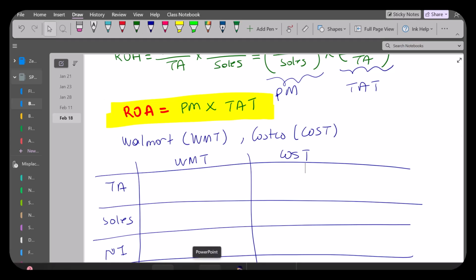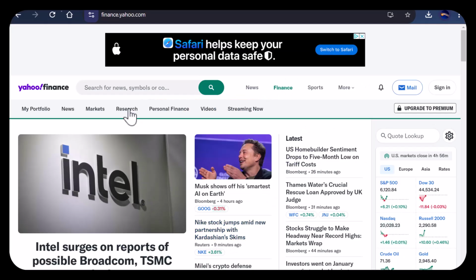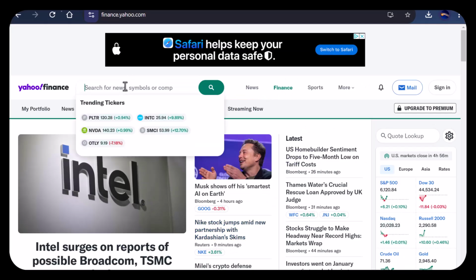I'm going to go ahead and look these numbers up from finance.yahoo.com. Why? Because it's quick to do so. Other than that, I would never use finance.yahoo.com for official work.